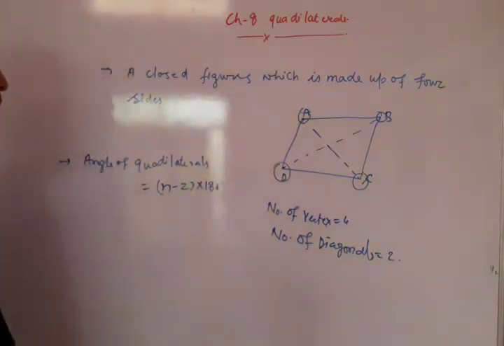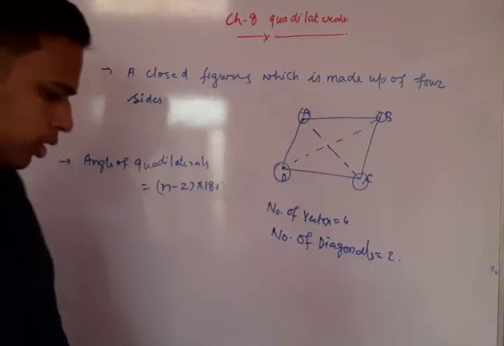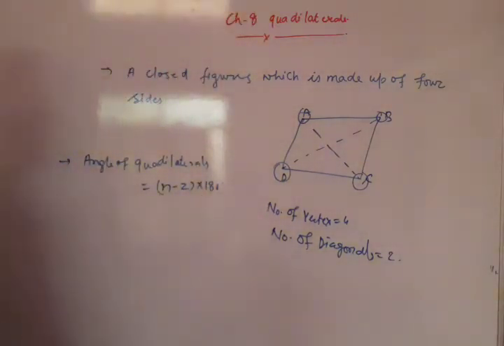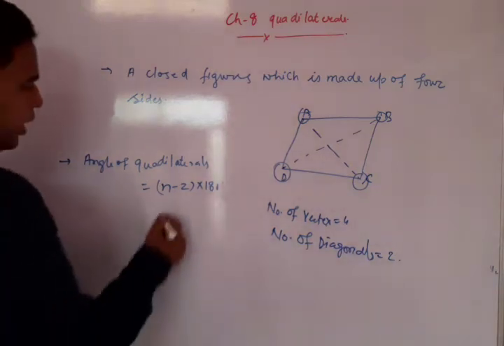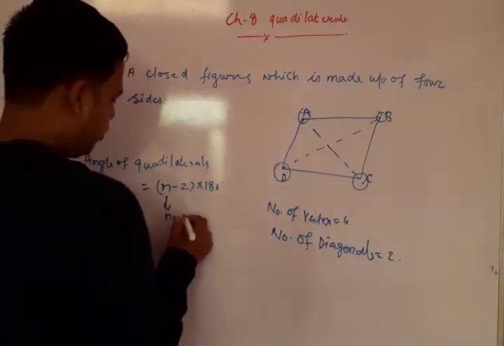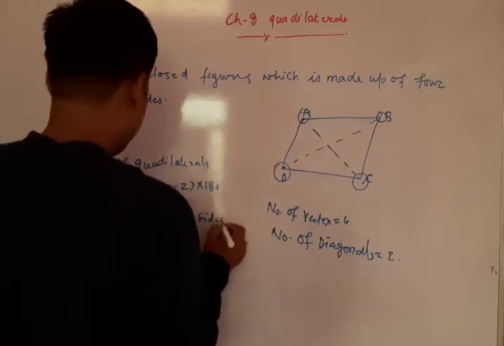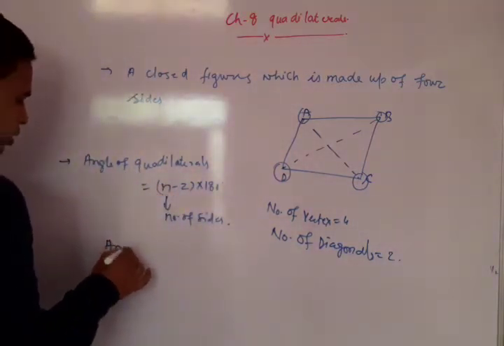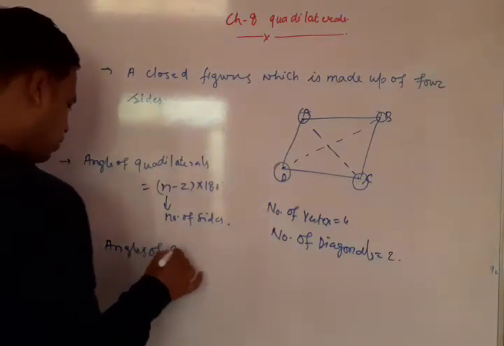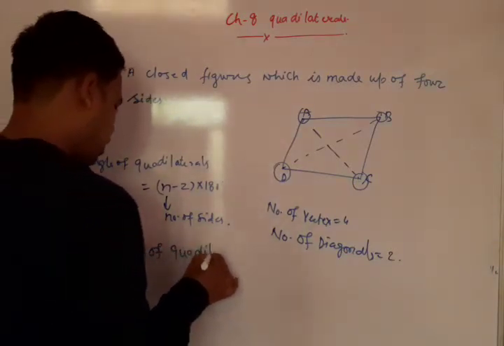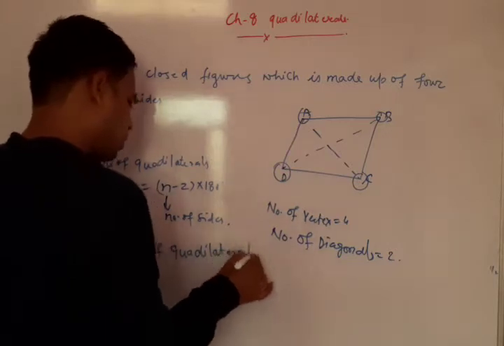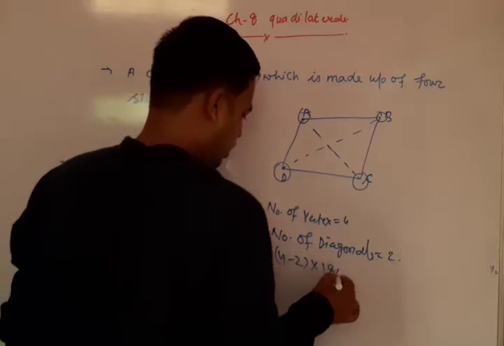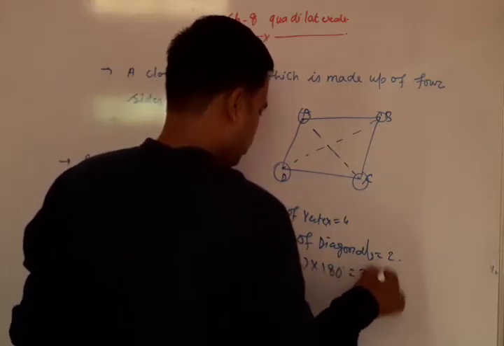What? (n minus 2) into 180 is the angle sum of a polygon. So what will be the angle sum of a quadrilateral? Here n is the number of sides. So the angle sum of a quadrilateral will be (4 minus 2) into 180, that is 360.